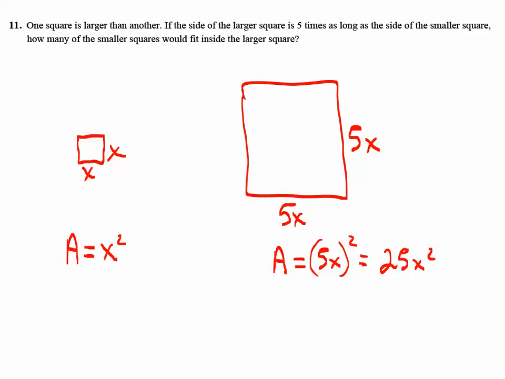There it is. And so it says how many of the smaller squares would fit into the larger square. If you think about smaller to larger, really what we should think about is division. You're saying how many smaller pieces would divide the bigger piece. So in this case it would be the biggest piece divided by the smallest piece.